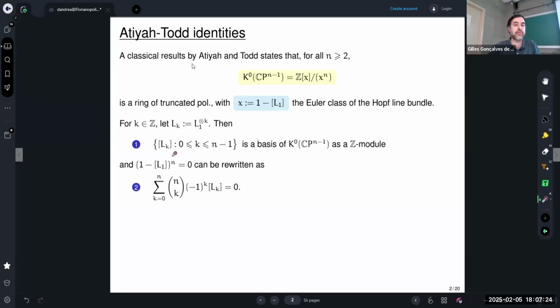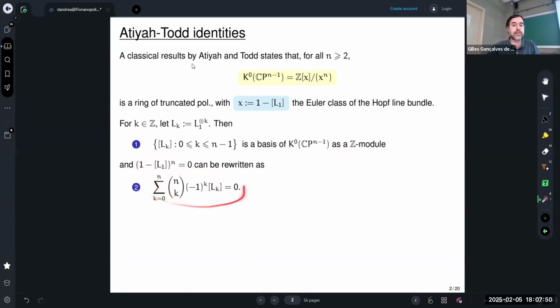So the classes of the line bundles from L0 to L-(n-1) give you a basis of the K-theory as a Z-module. And you can take the relation X to the power n equal to 0, use the binomial expansion on the left, and use the fact that the class of L1 to the power k is just the class of the line bundle Lk. And you can rewrite this relation in this form.